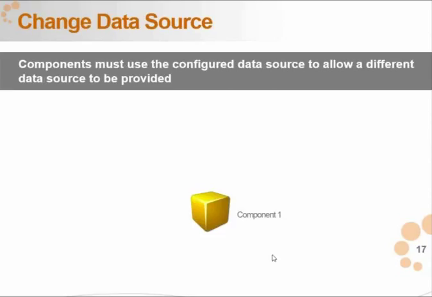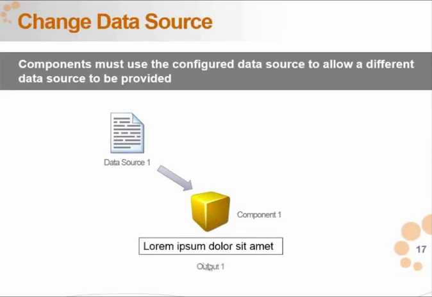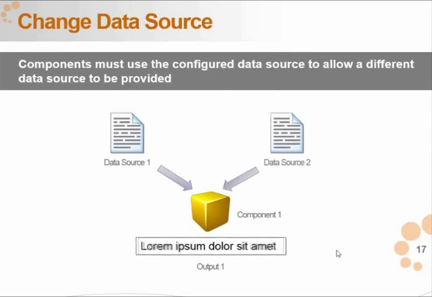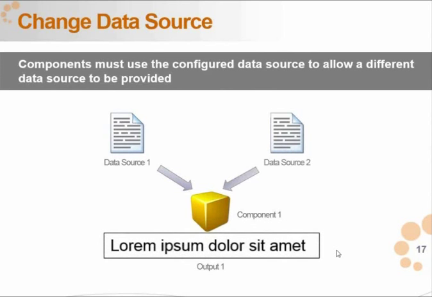So when we say changing the data source, if we consume the data from data source 1, we expect the component to output some data. When we change the data source to another data source item, we expect the data to display differently.